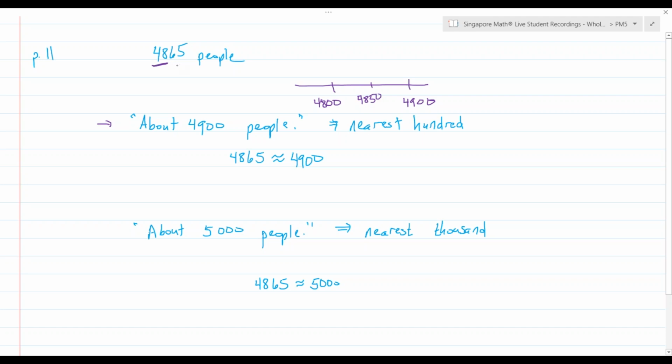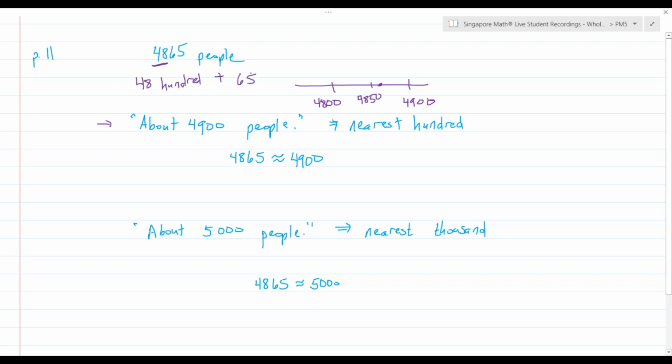4,850, we know that 4,865 is to the right of that. So it's closer to 4,900. Now, I like to think about it by saying this is 4,800 plus 65.